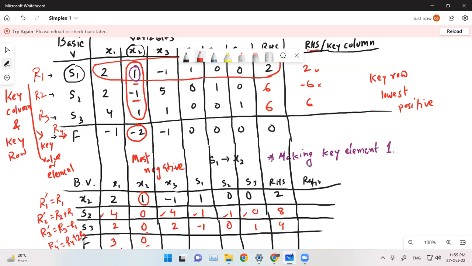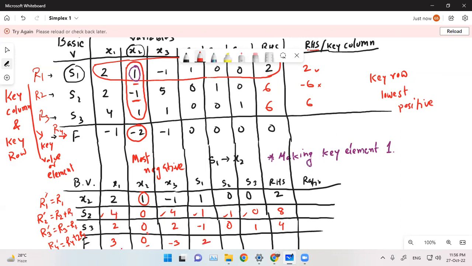Then you have -1 plus 2 minus 2, that is actually 2. So -1 plus -2 is -3. Then you have 0 plus 2 into 1, that is 2.